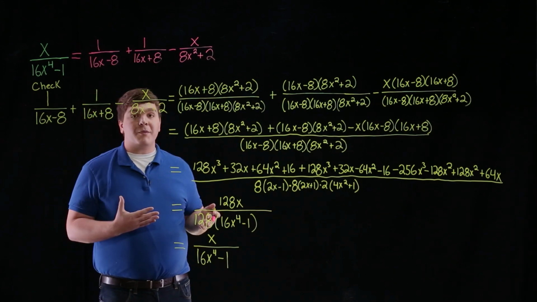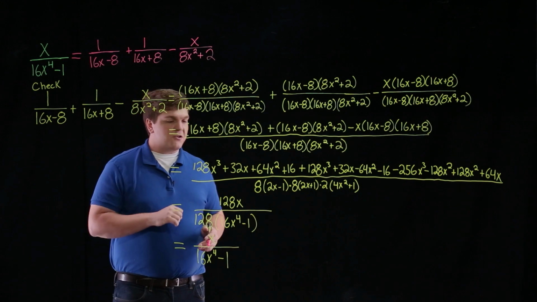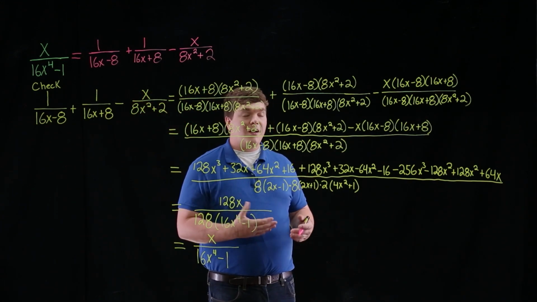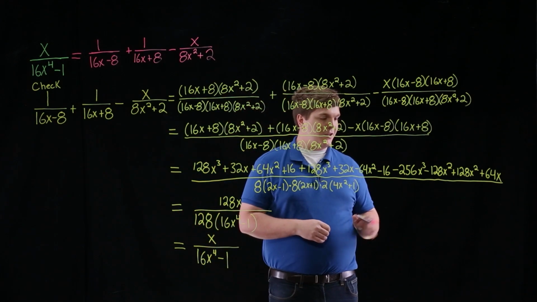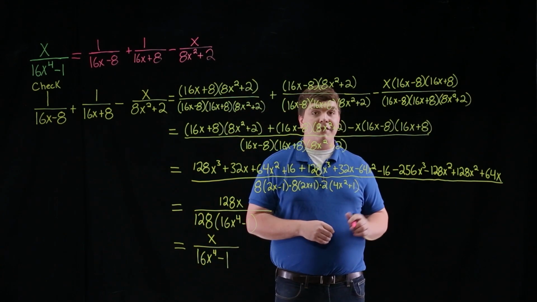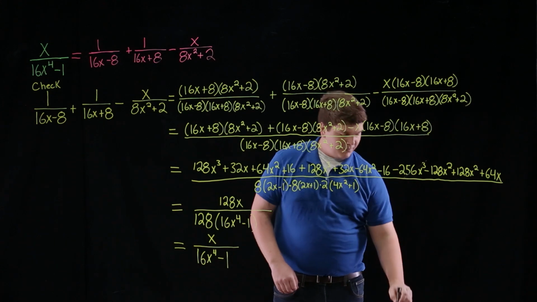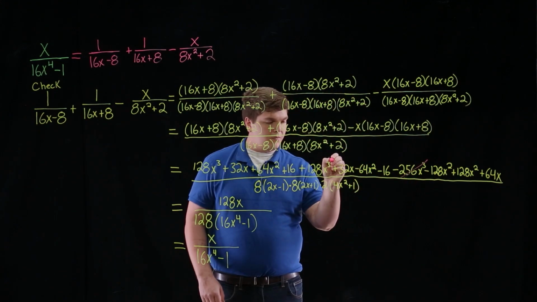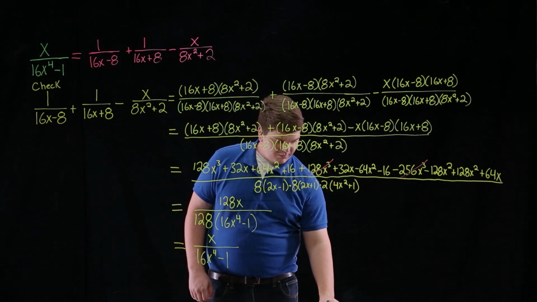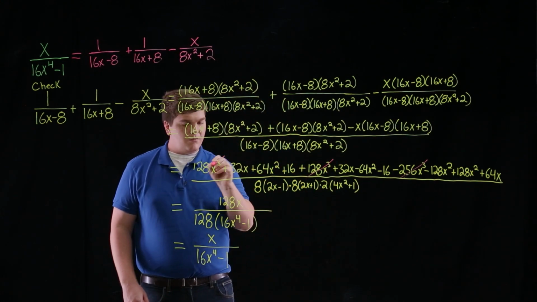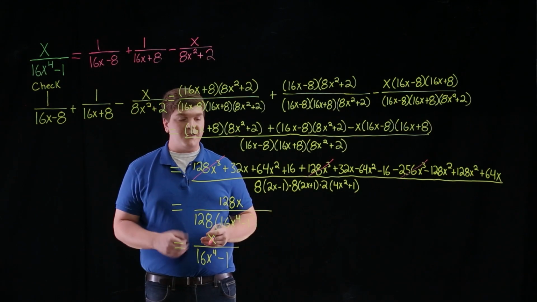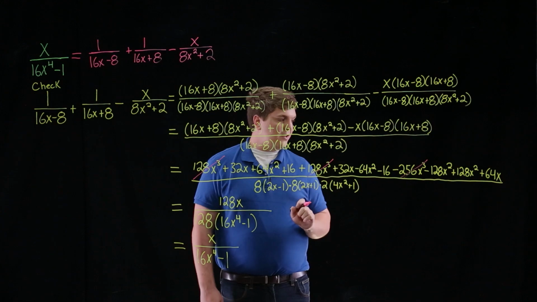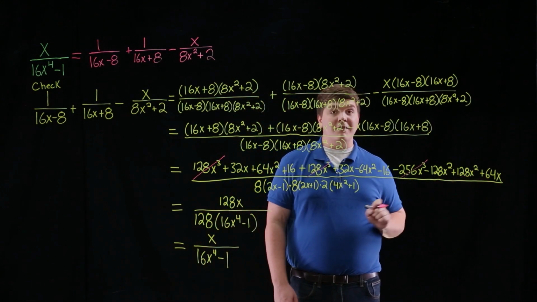Now in the numerator, some canceling will happen. Here we have 128x cubed plus 128x cubed is 256x cubed, and then minus 256x cubed. So these 3 terms will cancel. We have a 32x plus a 32x plus a 64x.